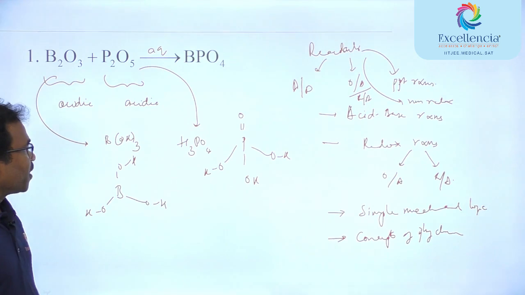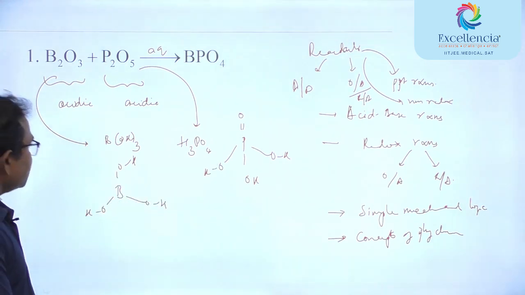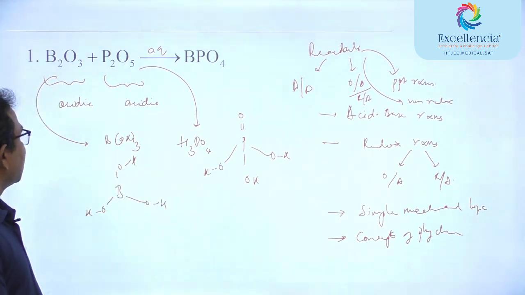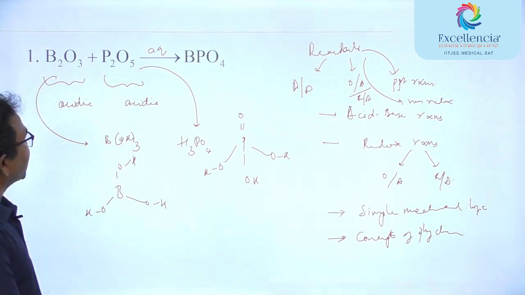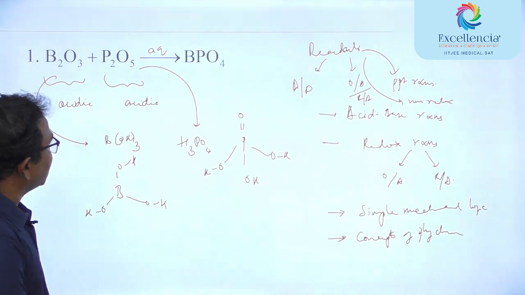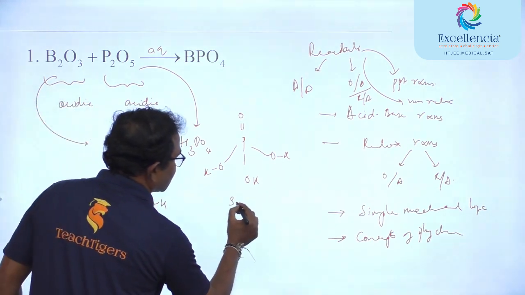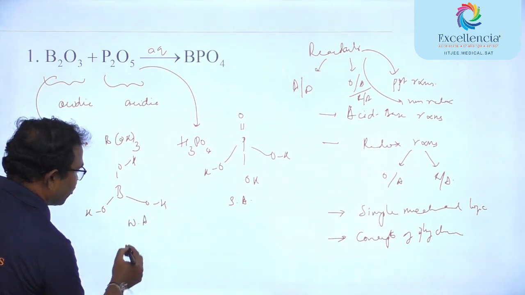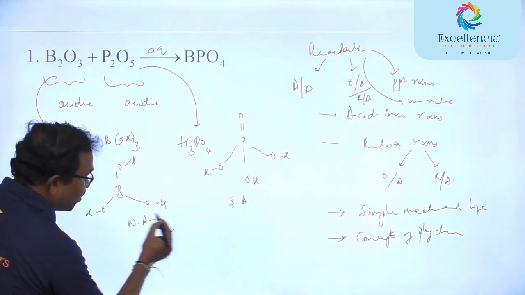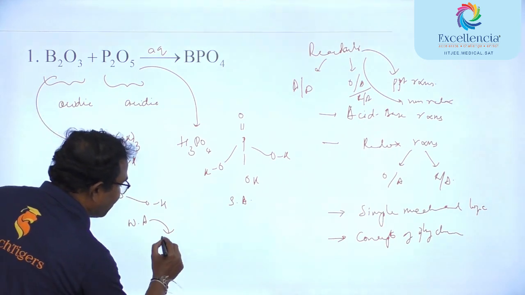So we should know which of these is more acidic and which is less acidic. Obviously, if you look at phosphoric acid, this is the stronger acid and this is the weaker acid. Therefore, this will be forced to act as a base.